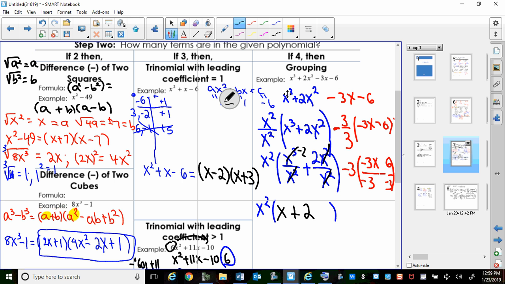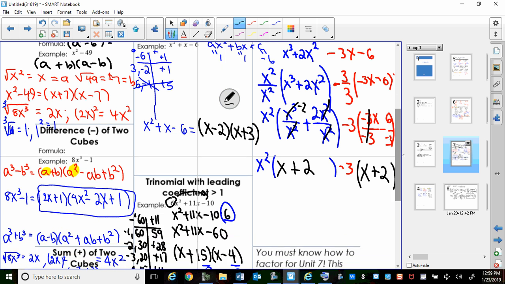Over here, I have minus 3 and parentheses on the inside. Negative 3x divided by negative 3 is just x. Minus 6 divided by negative 3 is positive 2. Now, if you look, you have two factors that are the same.